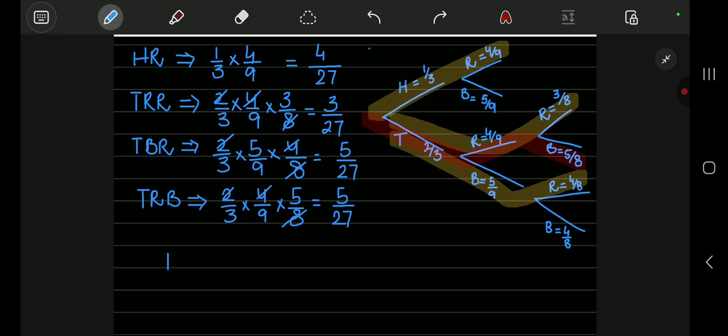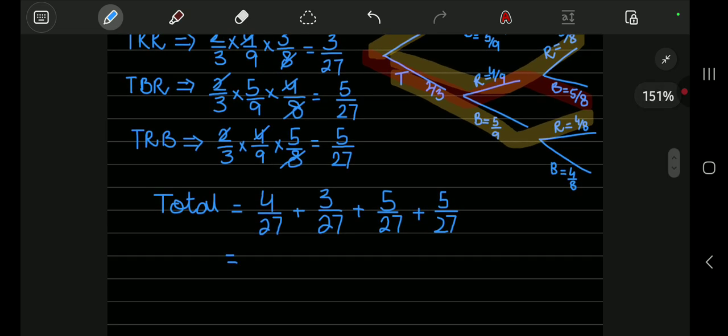So the total will be 4 over 27 plus 3 over 27 plus 5 over 27 plus 5 over 27.